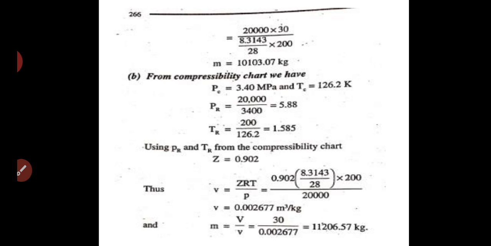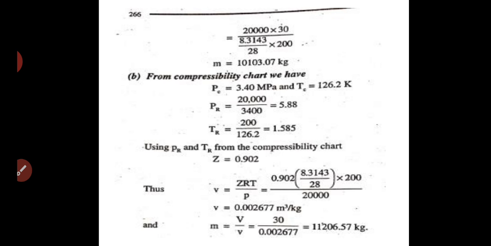But in real gas, when using the compressibility chart, we found the critical pressure and critical temperature from the chart, and from that we found the reduced properties. Using the reduced properties PR and TR we found the value of Z, and substituting the value of Z in PV is equal to ZRT, we found the specific volume, and from the specific volume we found the mass. Mass is equal to total volume divided by specific volume.